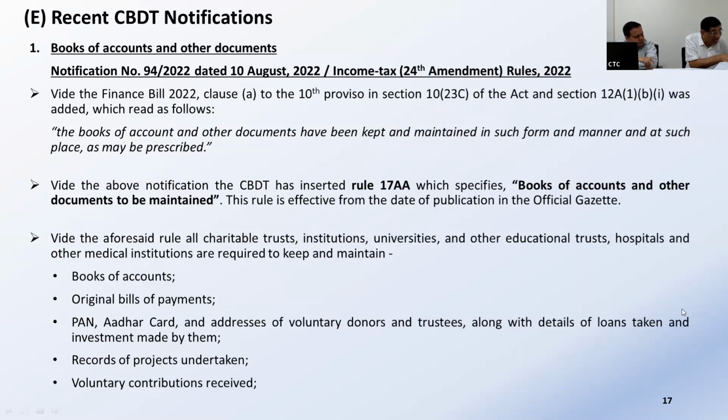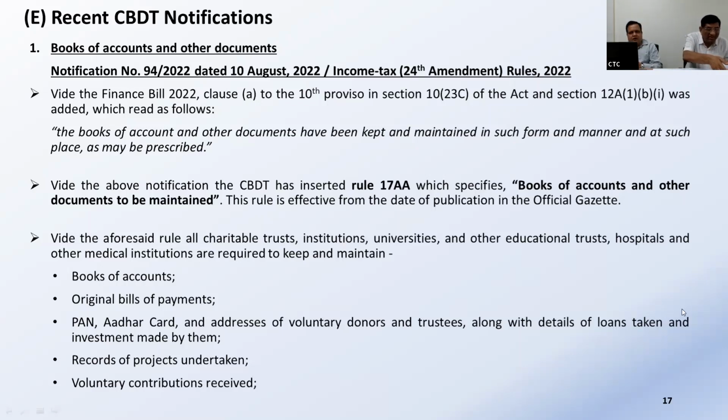Section 12A(1) says the following clause (b) shall be substituted for the existing clause (b) of sub-section 1 of section 12A with effect from 1/4/23. So the Act prescribes that these books of accounts are to be maintained from 1/4/23, meaning assessment year 23-24, financial year 22-23.